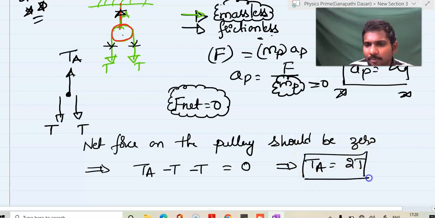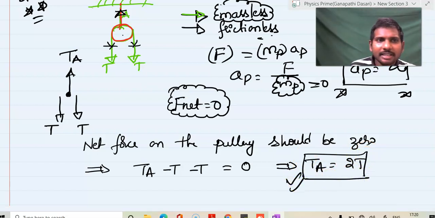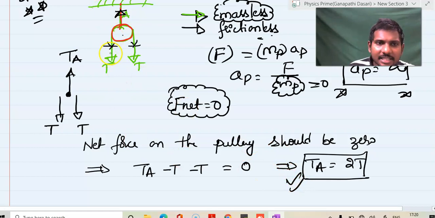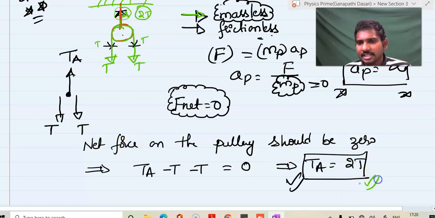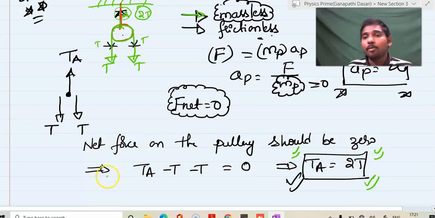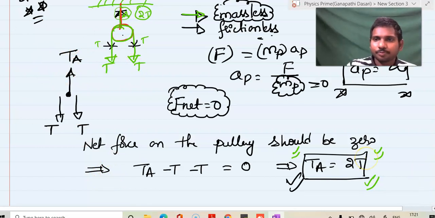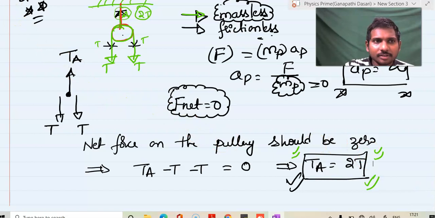If we make the net force on the pulley 0, then we get this answer. If this is T and this is T, the tension in this string will become 2T. This is an interesting observation, which will be helpful in solving a number of pulley arrangement problems using this concept. Let us go to the next question.